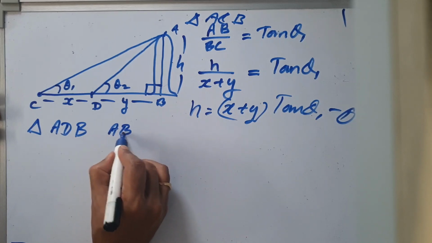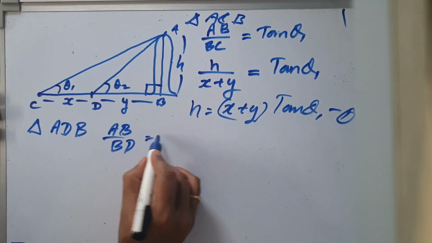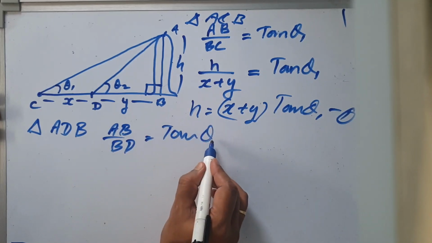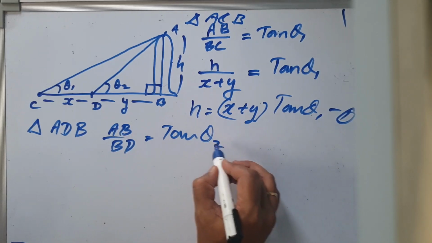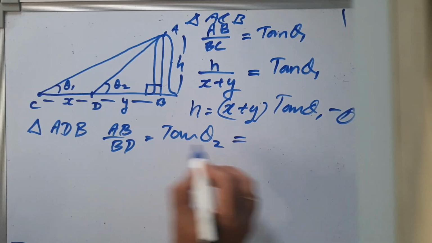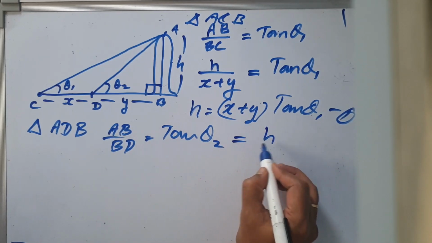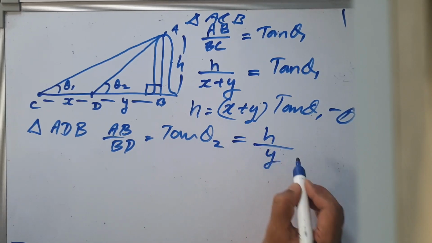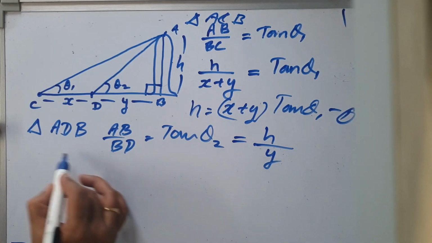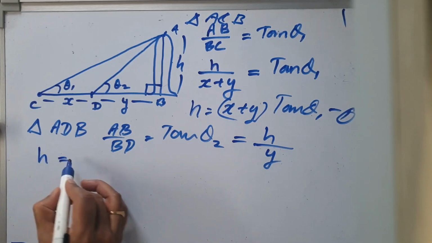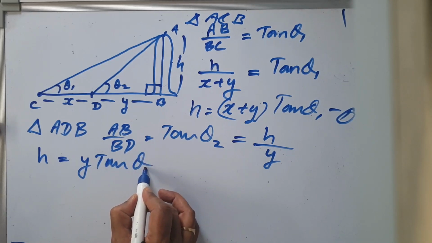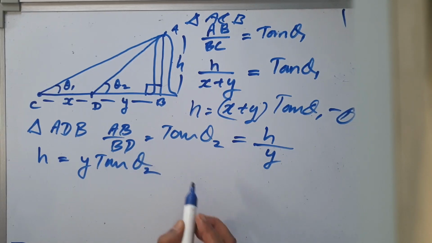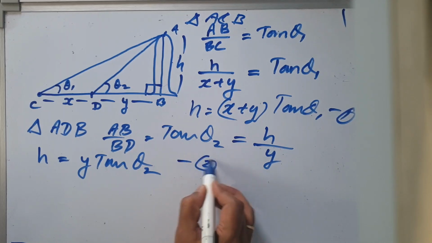This AB upon BD will be tan θ2. But what is this AB? AB is H, BD is Y. From here I am having H is equal to Y tan θ2. Put this as equation 2.